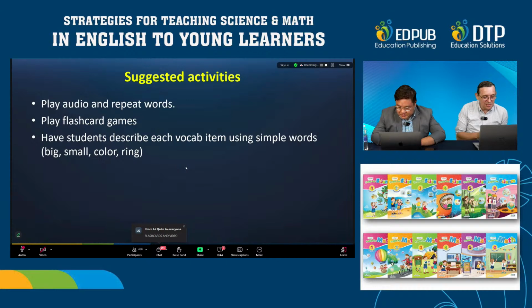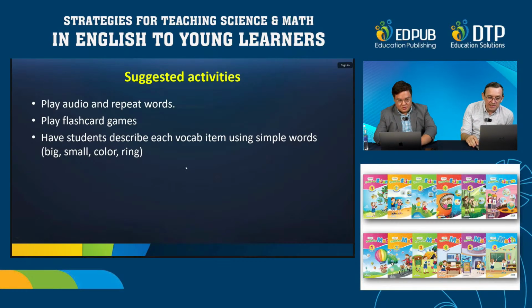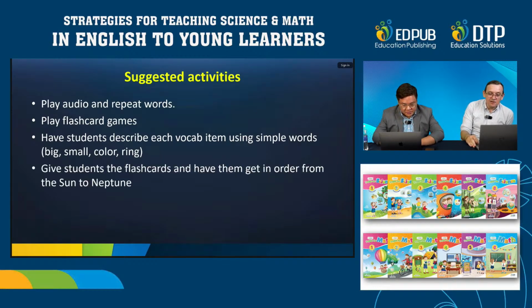We can use that word to describe the planets. Drawing, as somebody suggested, drawing and coloring is also an excellent suggestion. Give students the flashcards and have them get in order from the sun to Neptune. That's an excellent idea as well. One of the teachers suggested that.